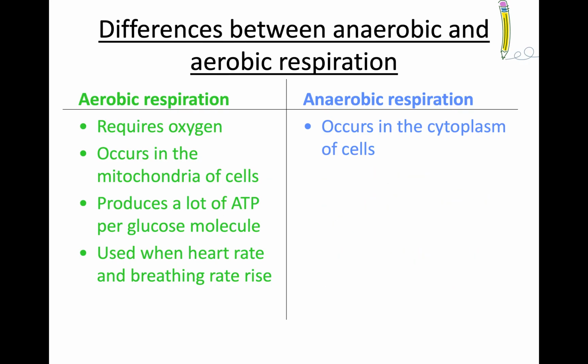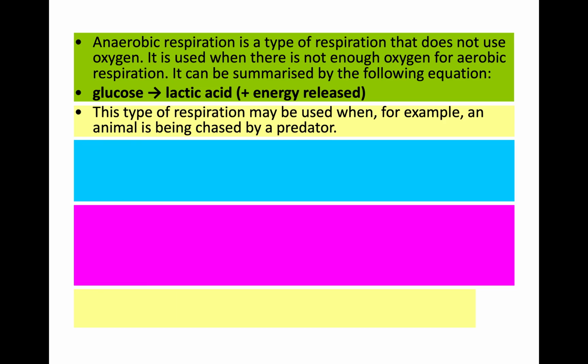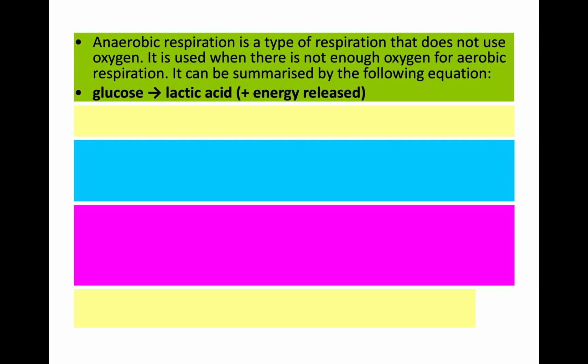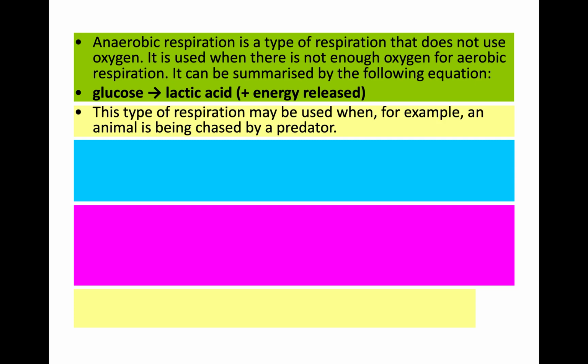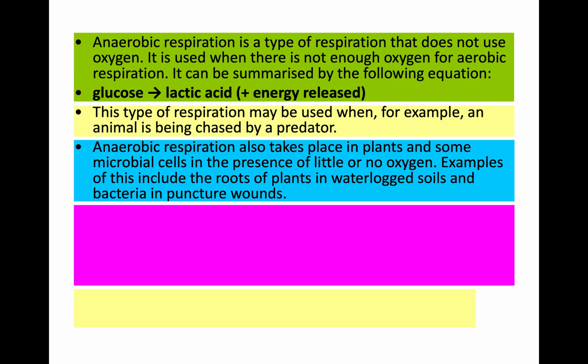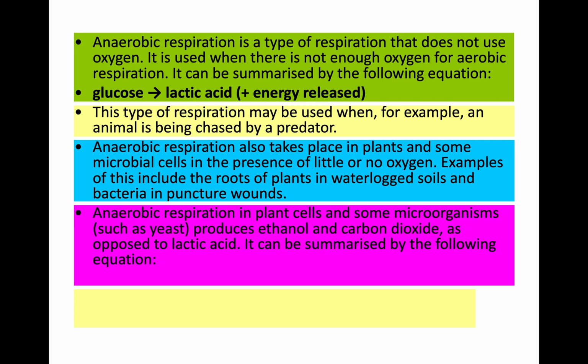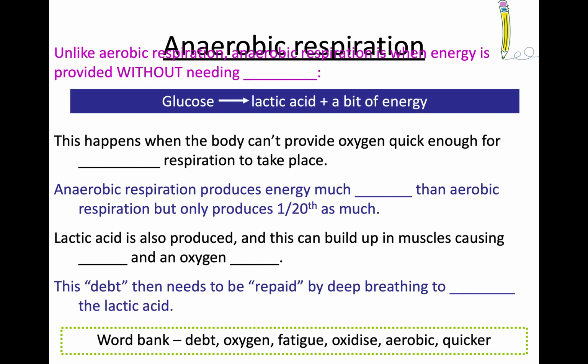Okay, so a quick summary. I'm going to summarize this now, and then we're going to finish. Anaerobic respiration is a type of respiration that does not use oxygen. It produces lactic acid plus energy, and it's what you need when you are exercising. It also happens in plants and in microorganisms.